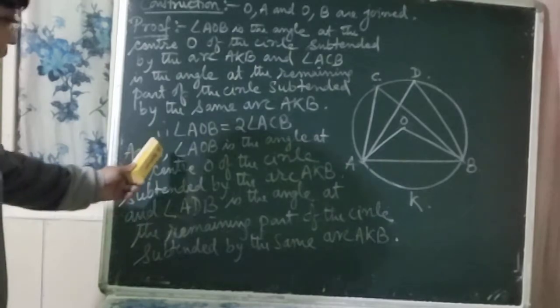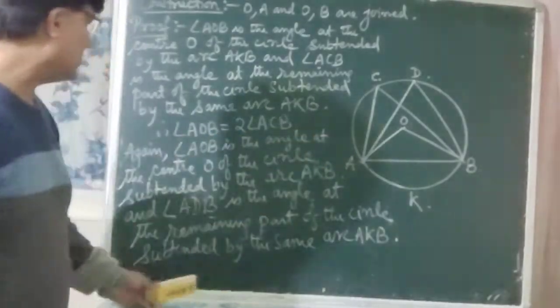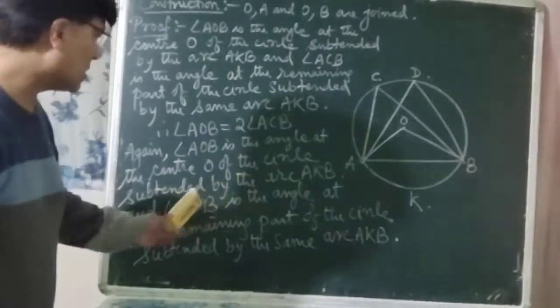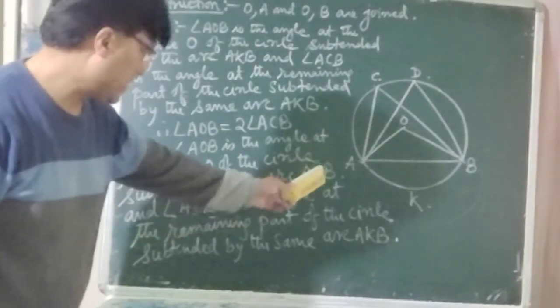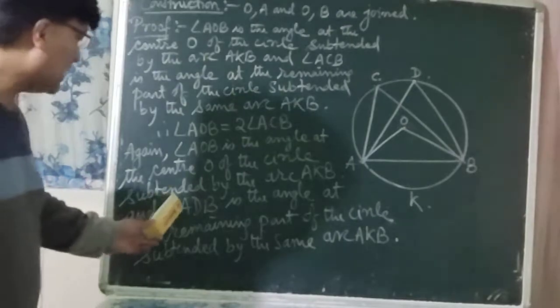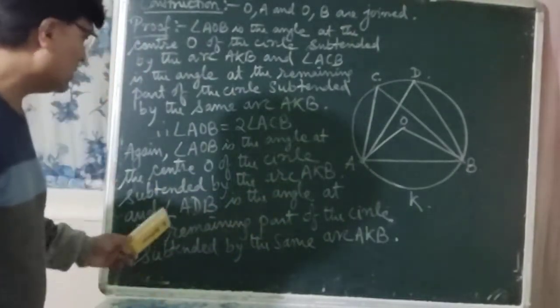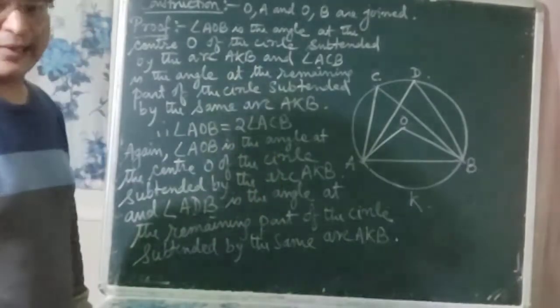That is, again, angle AOB is the angle at the center O of the circle subtended by the arc AKB, and angle ADB is the angle at the remaining part of the circle subtended by the same arc AKB.